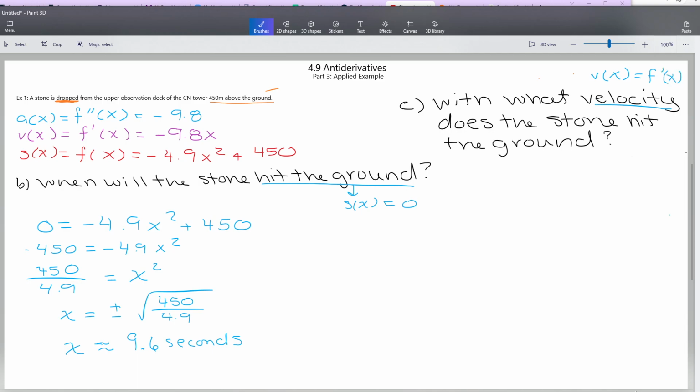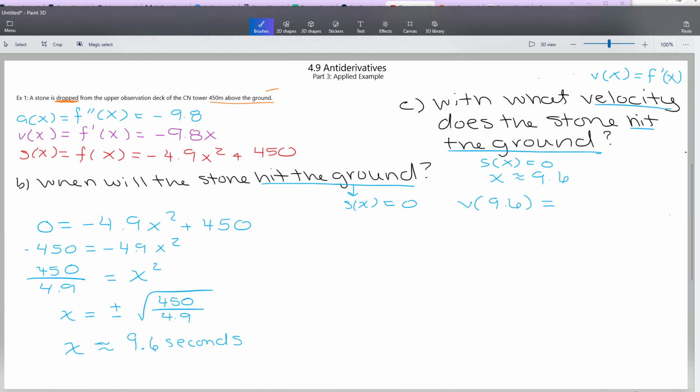Again, when we talk about it hitting the ground, this is when s of x equals 0. And we just found out that that's when x is approximately 9.6. So we are going to look at the velocity after 9.6 seconds.